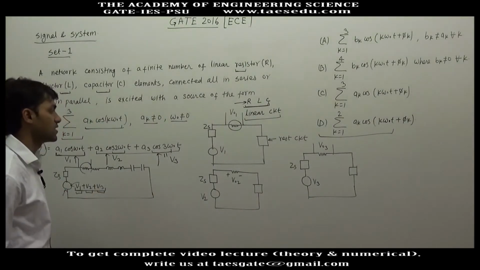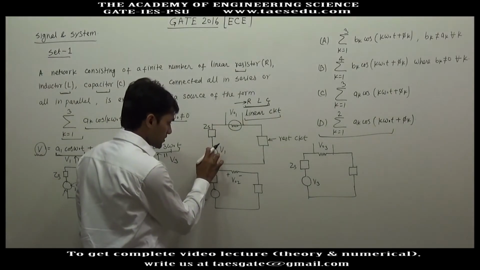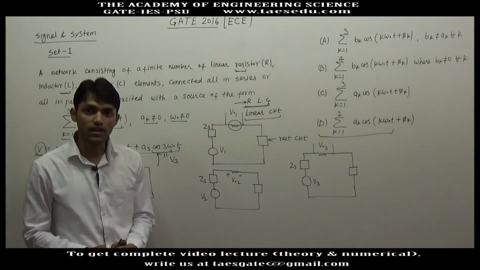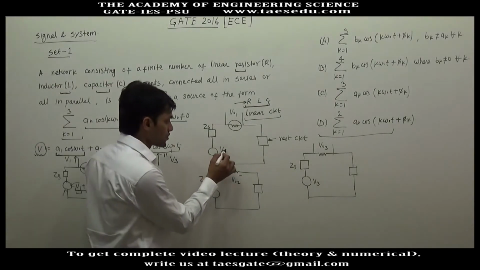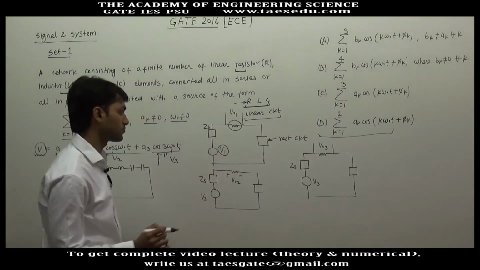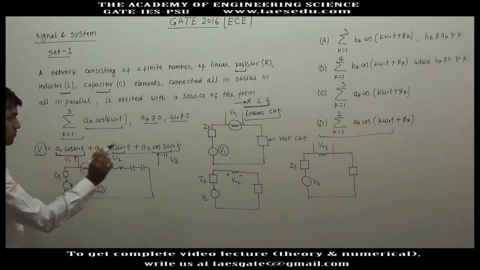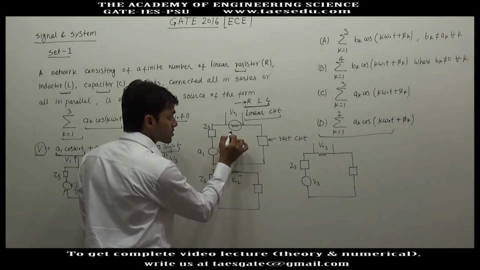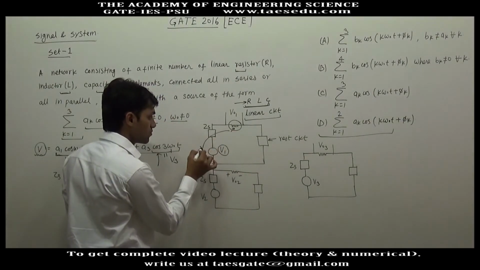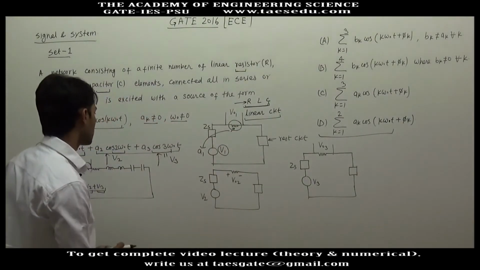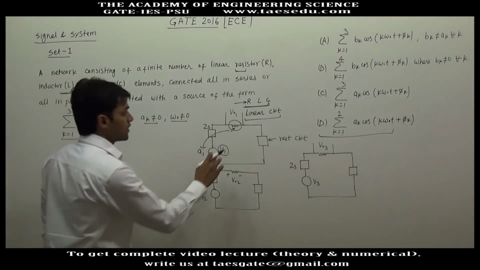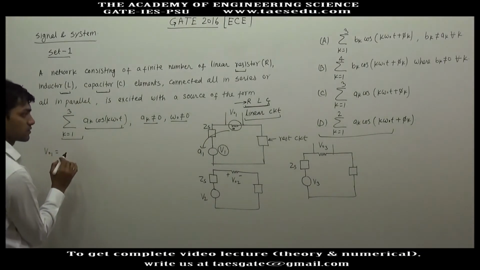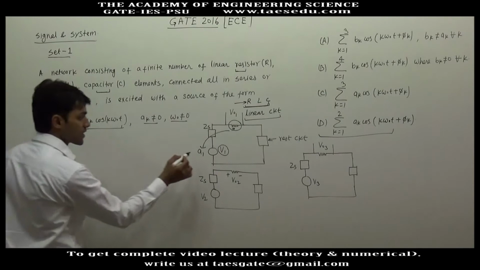And since the circuit is linear, the property of a linear circuit is that the voltage across any element or the current through any element will be directly proportional to the amplitude of the voltage. So the amplitude of V1 is A1. So we can say that the output voltage across this resistor will be directly proportional to A1. And the form of the output V01 will be directly proportional to A1.